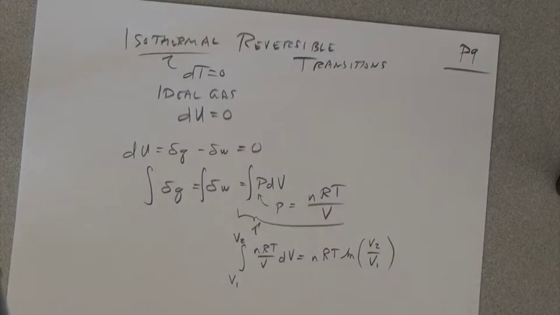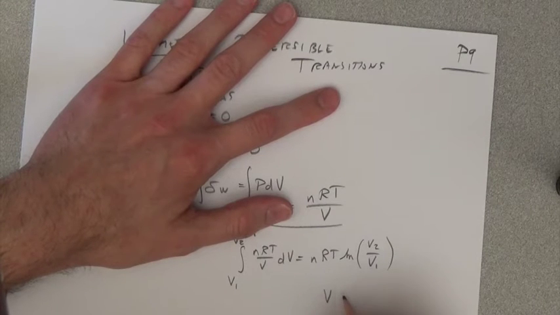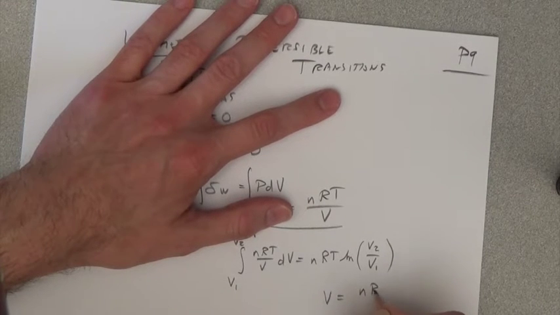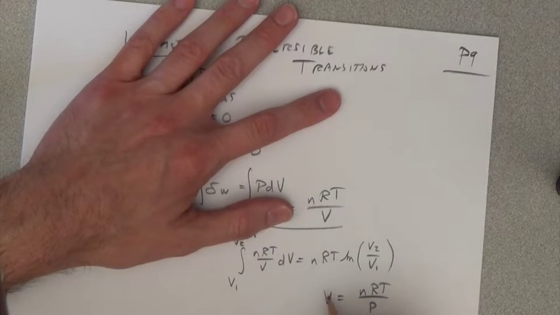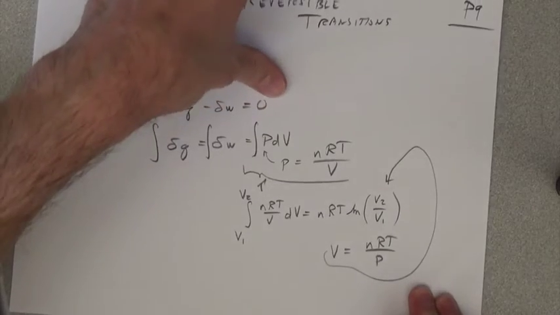And we can also here use V is equal to nRT over P. And we can draw this into our volumes.